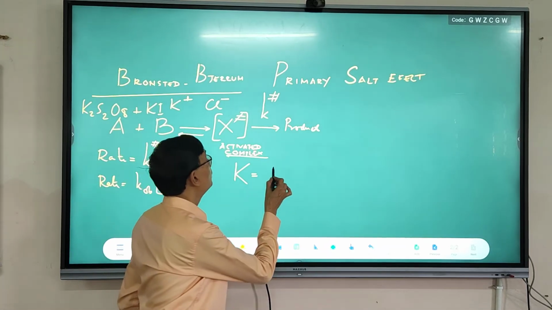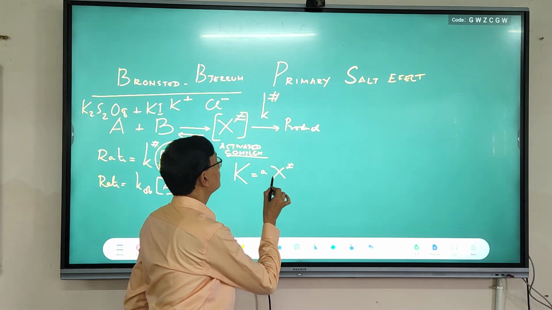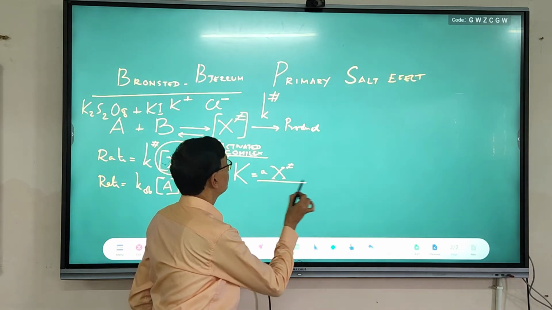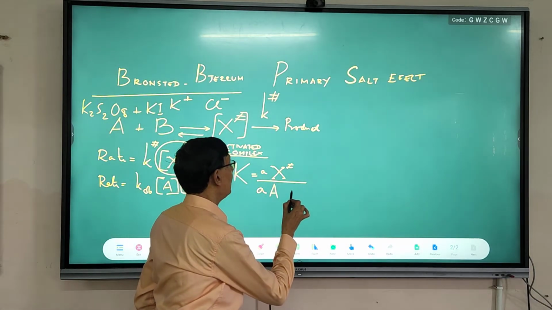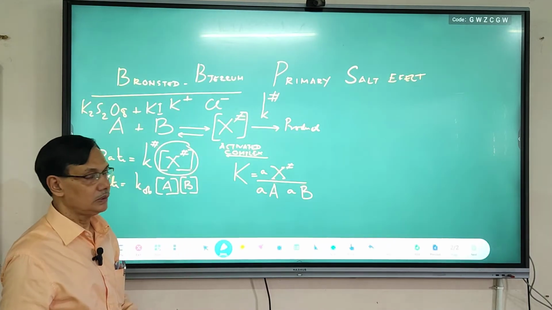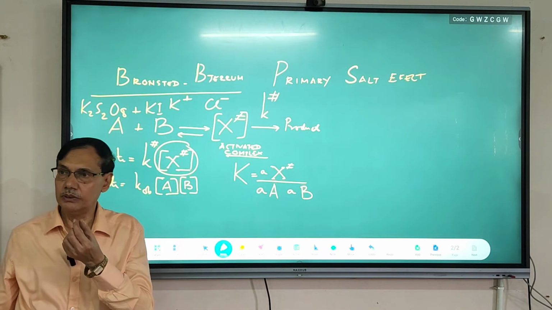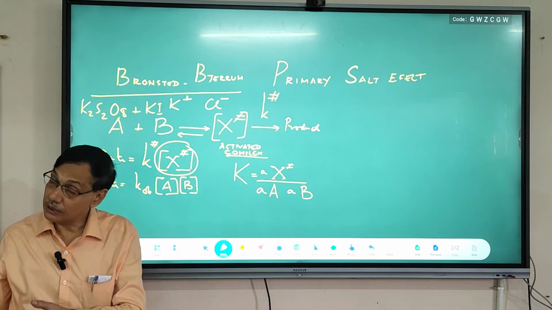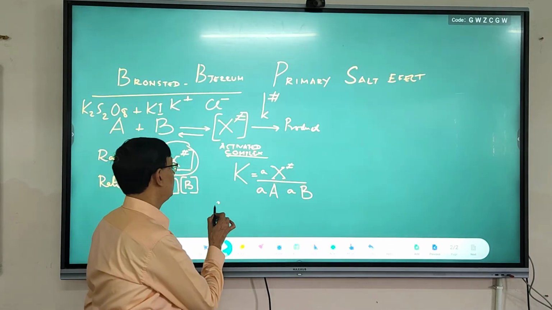This is related to the activity of X, activity of A, and activity of B. I think you have already studied in electrochemistry the activity coefficient, mean ionic activity, which is a very important concept in chemistry. So it is activity.